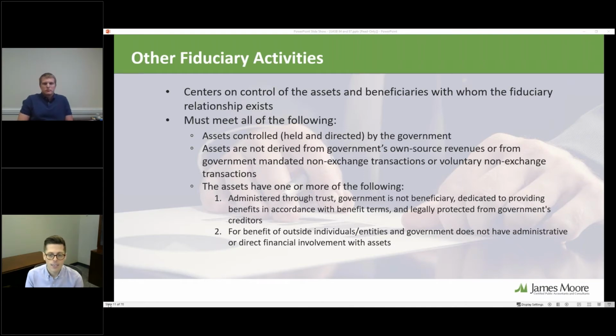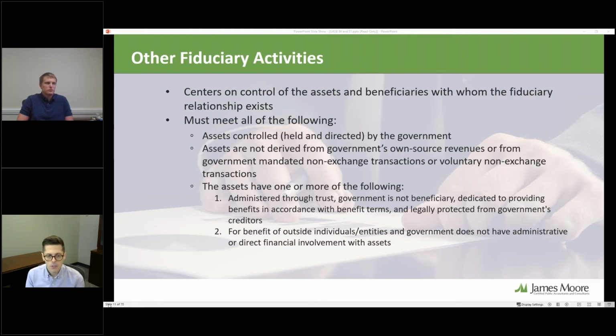In this case, it is considered an own source revenue, so you would not have to treat those as a fiduciary activity. Some other types of activities you might see, donations and that kind of thing, where those do fall under voluntary non-exchange and would therefore not be considered fiduciary activities.